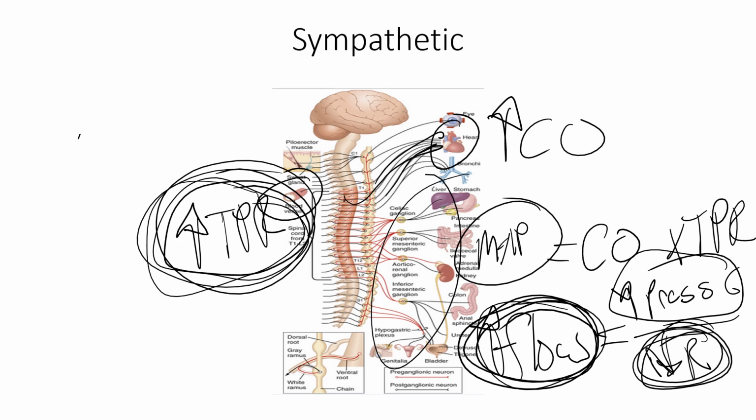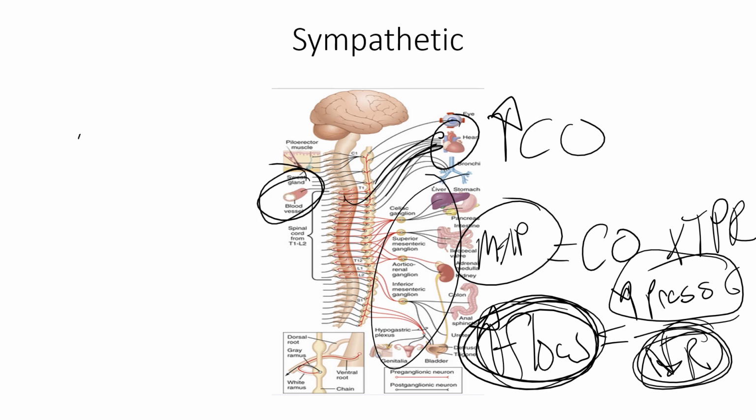Take, for example, the kidneys. The arterioles taking blood towards the kidneys, thanks to the sympathetic nervous system, are going to stay vasoconstricted, and that's going to cause an increase in resistance and a reduction in blood flow.